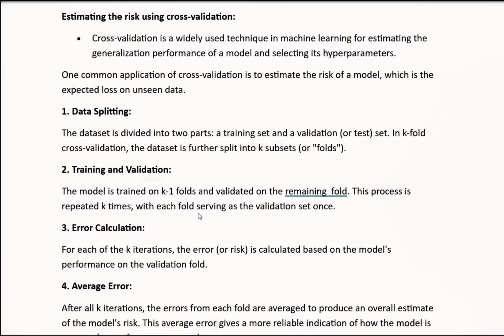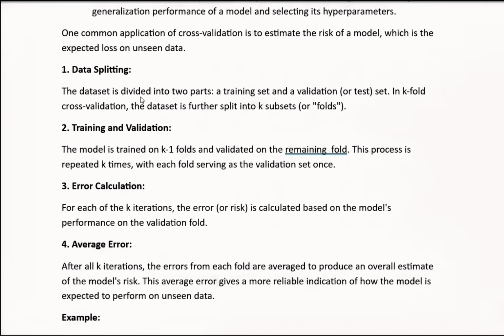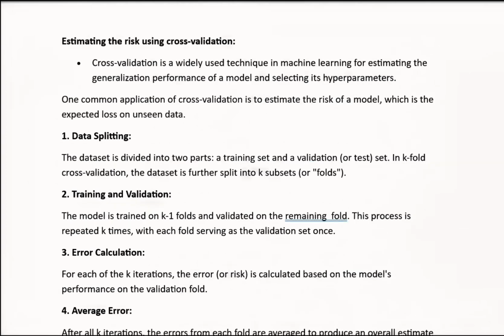One common application of cross validation is to estimate the risk of a model, which is the expected loss on unseen data. So first one is data splitting.